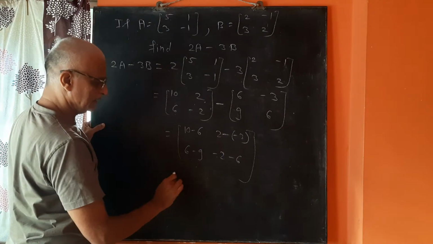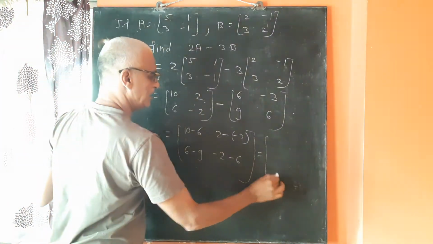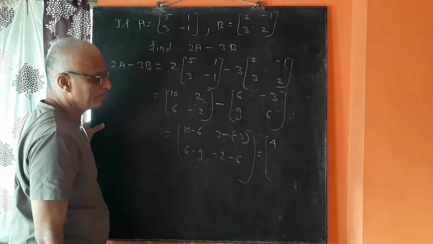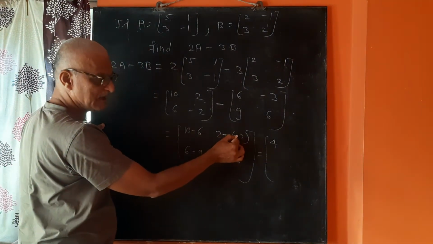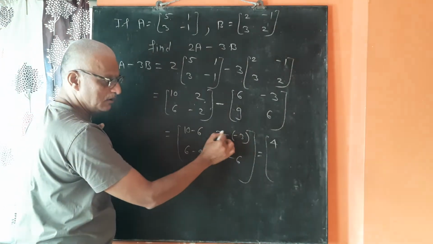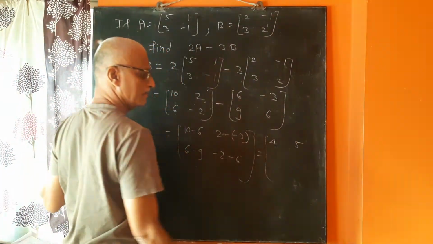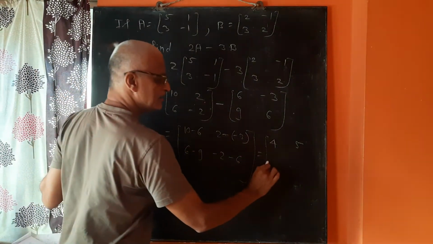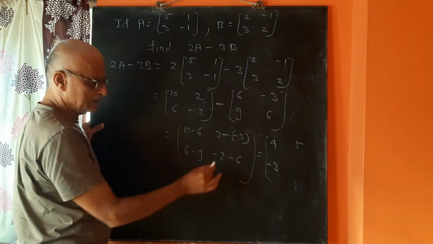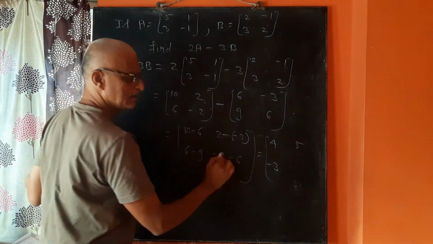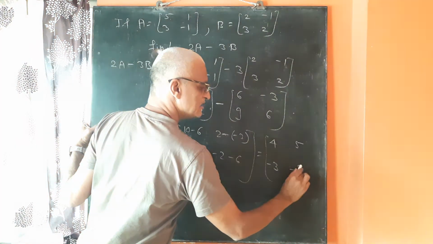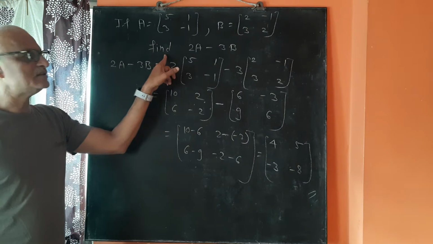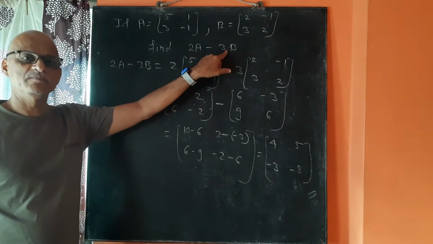Now you simplify it. This equals the matrix of 10 minus 6, that is 4. 2 minus of minus is plus, so 2 plus 3, that is 5. 6 minus 9, that is minus 3. Minus 2 minus 6, how much is that? That is minus 8. So that is the value of the matrix 2A minus 3B.